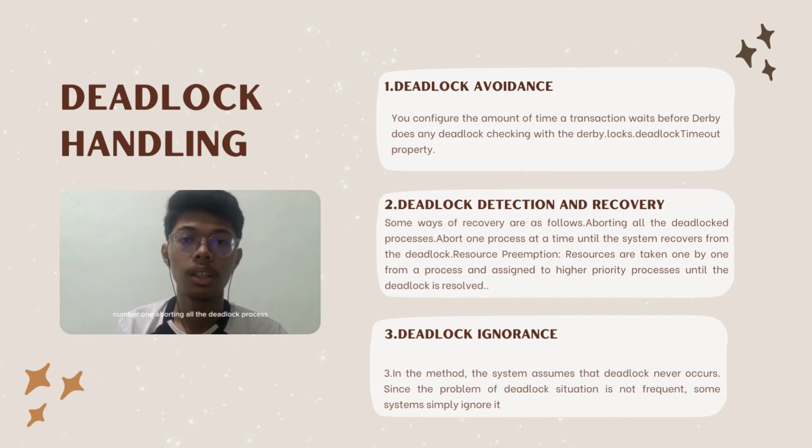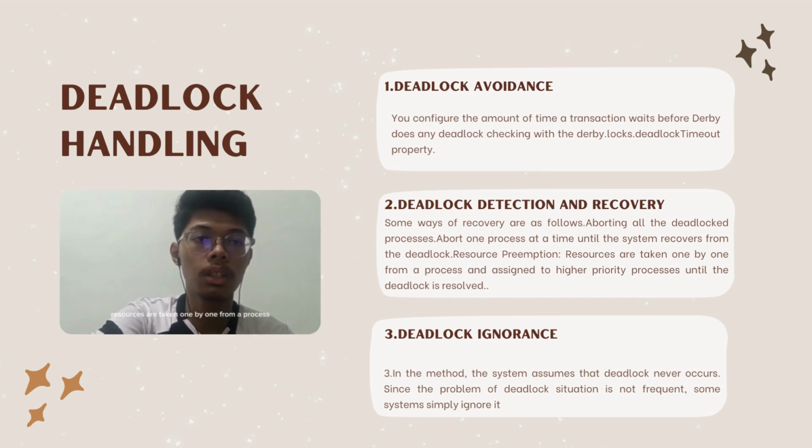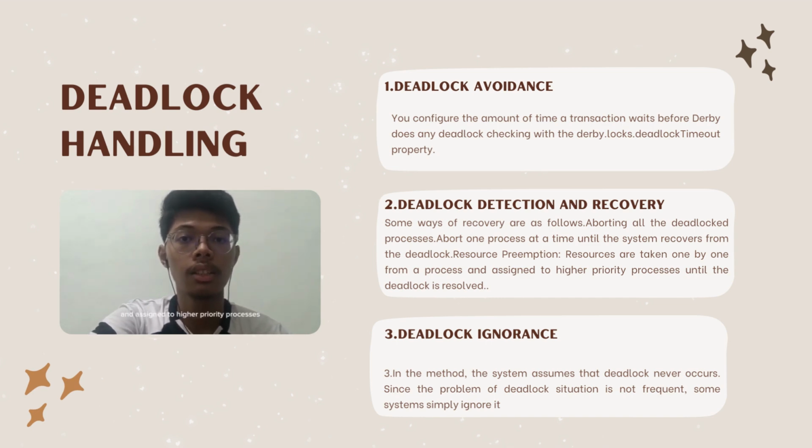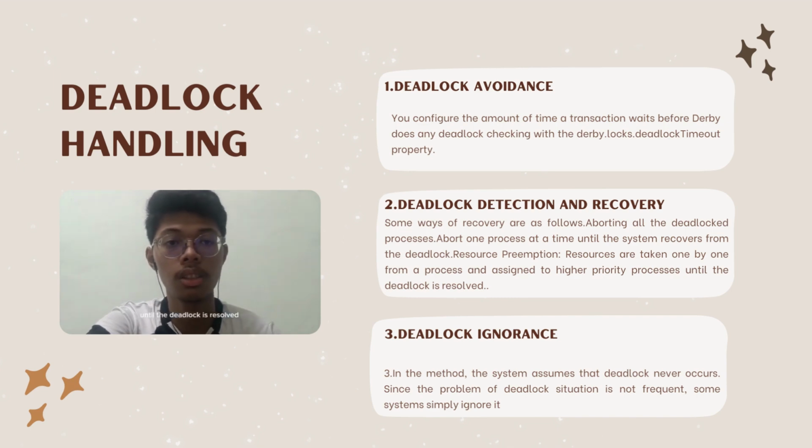Number 1, aborting all the deadlocked processes. Number 2, abort one process at a time until the system recovers from deadlock. Number 3, resource preemption. Resources are taken one by one from a process and assigned to higher priority processes until the deadlock is resolved.